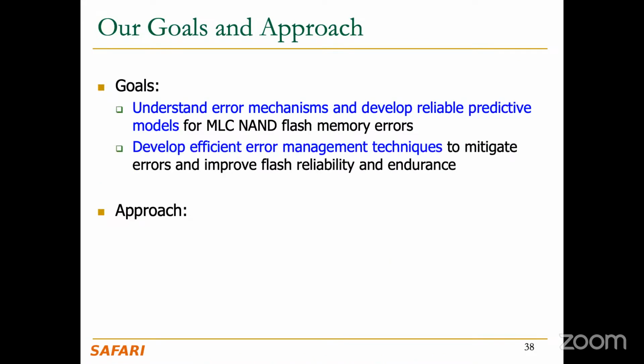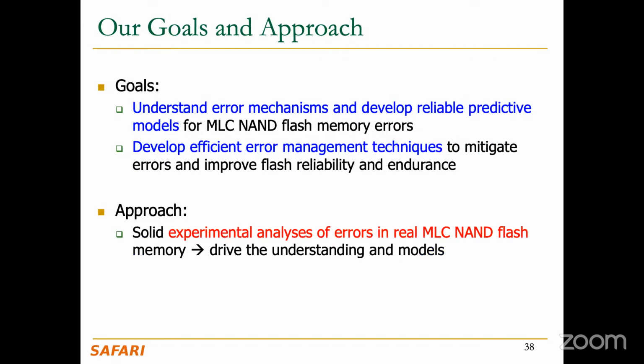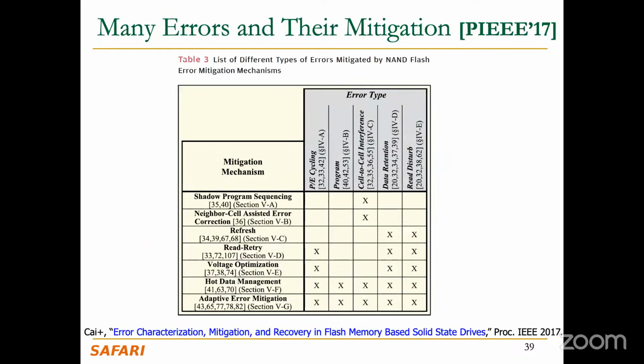So as I said, the goal is to understand the errors and develop efficient techniques. Our approach is to have solid experimental analysis of errors in real MLC NAND flash memory. This paper, which I mentioned we will also assign as a paper review, makes a nice summary of different works that people have done in understanding the types of error.